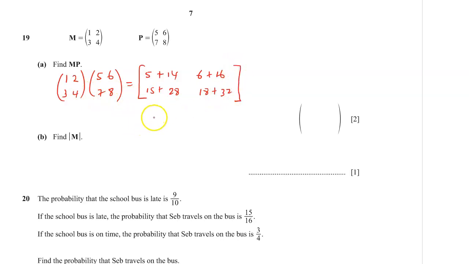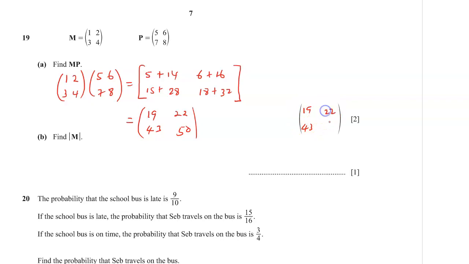Then of course we add all this. What you're going to be getting here is 19, 43, 22, and 50.